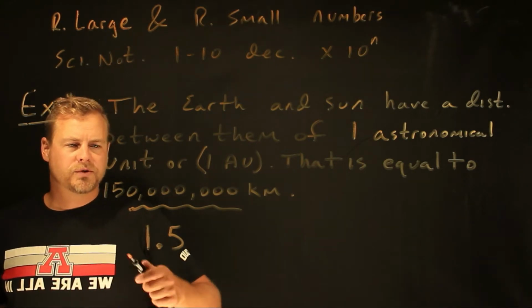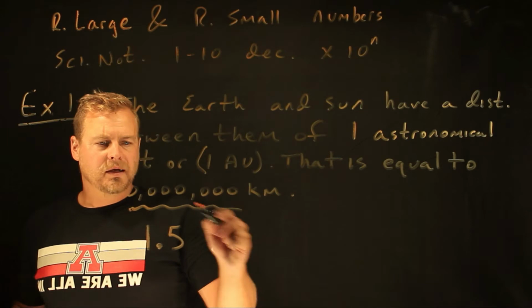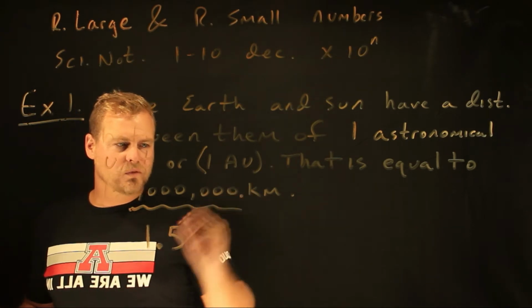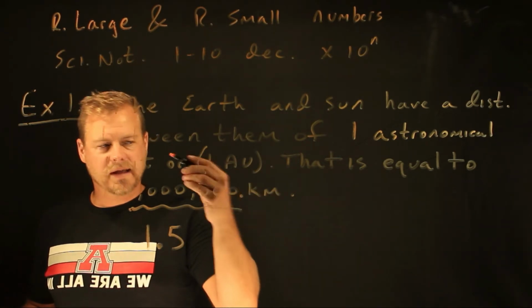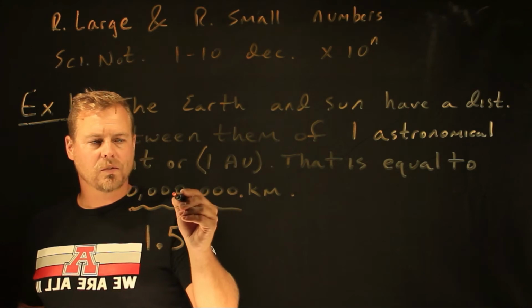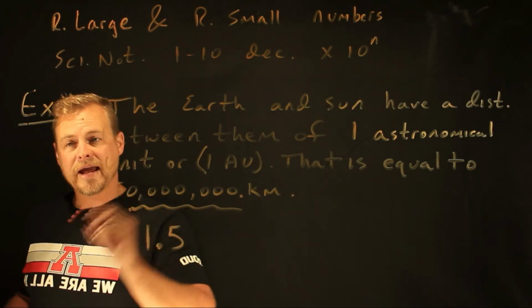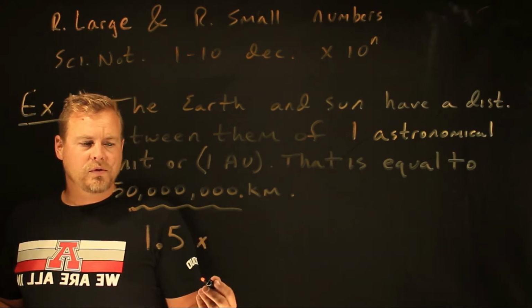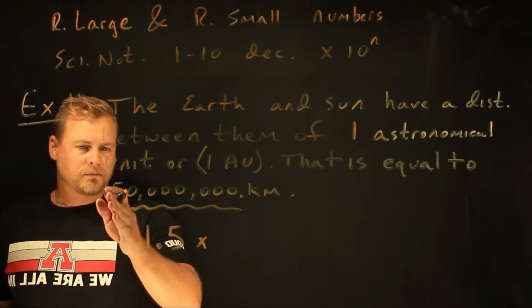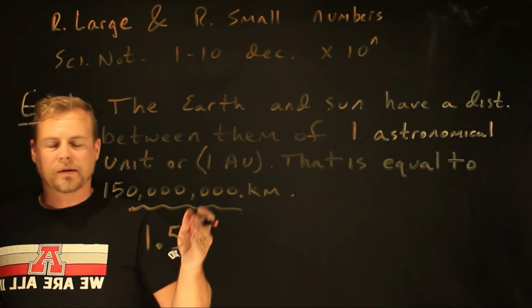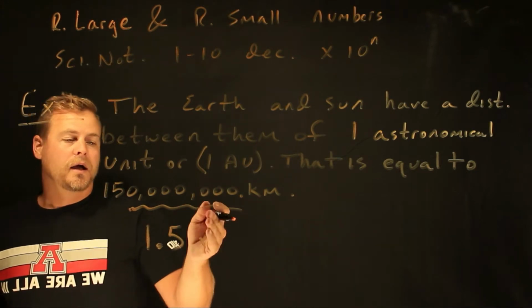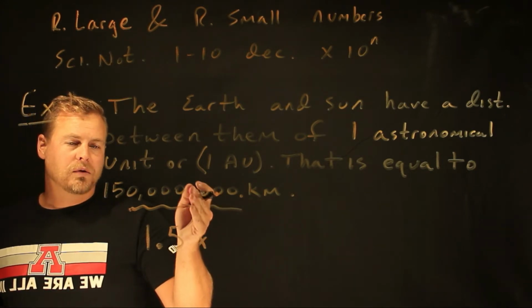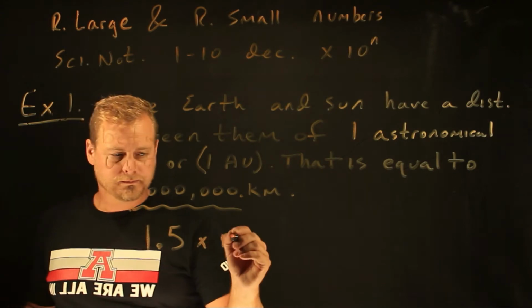In layman's, in middle school, what we typically say is we just count where the decimal is. You know that there's a decimal over here, and I'm going to move it to the left. I'm going to go 1, 2, 3, 4, 5, 6, 7, 8 times that way. And so basically what I'm doing is I'm multiplying this 15 million by, or I'm sorry, I should say dividing it by a power of 10 to the 8.